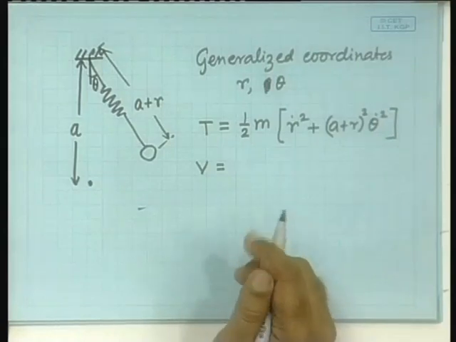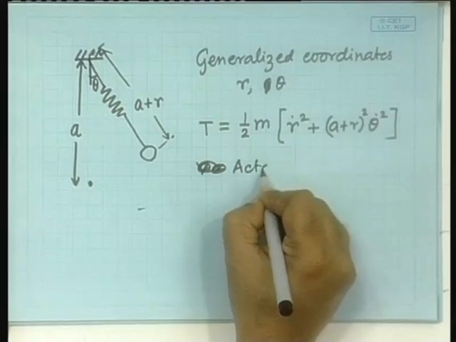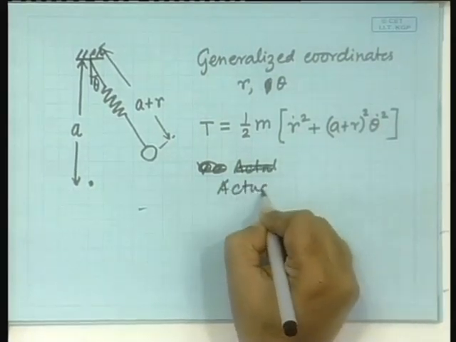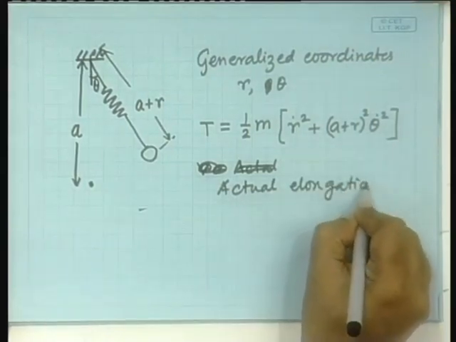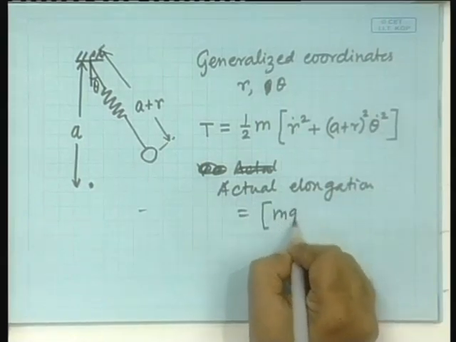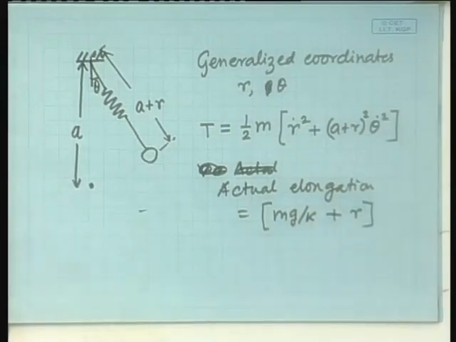So the actual elongation is mg by k plus r.